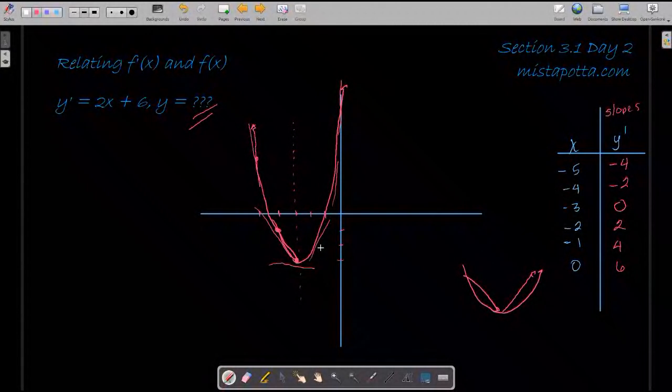So that's really the idea here of one of the major uses of derivatives, because these are slopes of tangent lines.